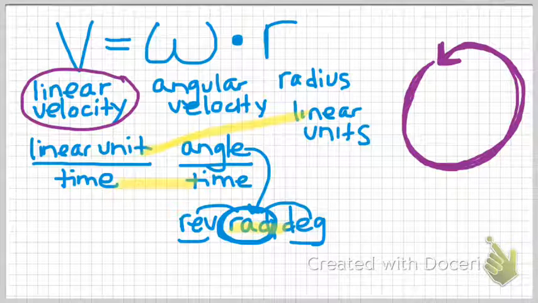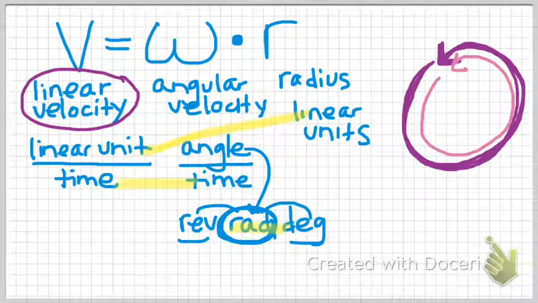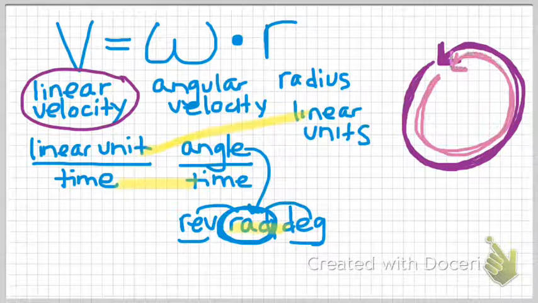Then angular velocity is the angle that you travel in a certain amount of time. So at the same time that you're walking a distance, you're also walking an angle. Every time I go around, I'm walking the circumference of the circle, and I'm also going one revolution, or 360 degrees, or 2 pi radians.